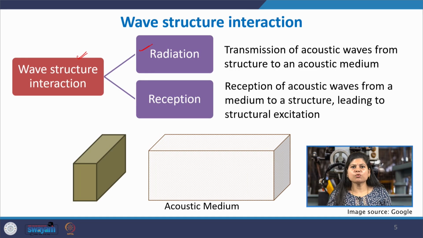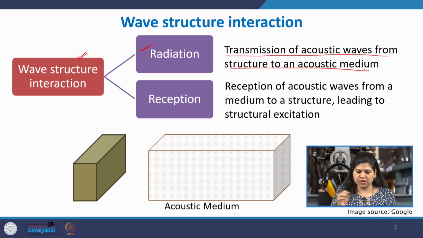For radiation, we have this interaction from the solid structure to the fluid medium. It deals with the transmission of acoustic waves from the structure to an acoustic medium, whereas in reception it is the other way around. Here the acoustic waves already propagating in a fluid medium get received by the structure and lead to structural excitation.